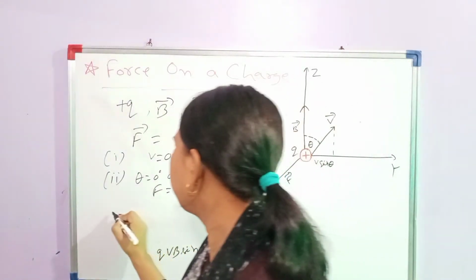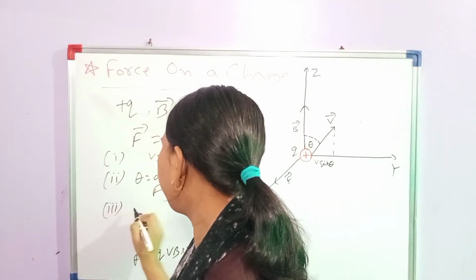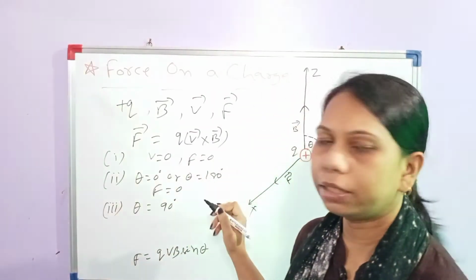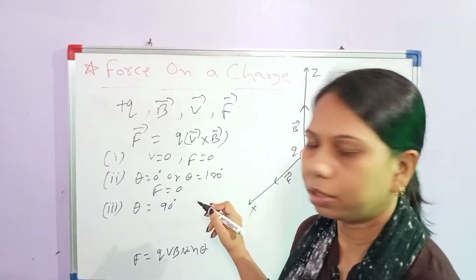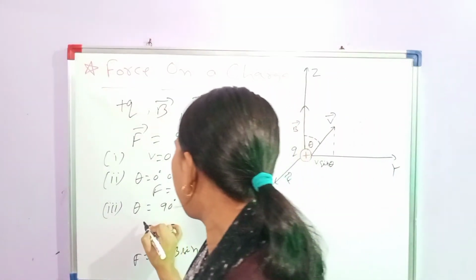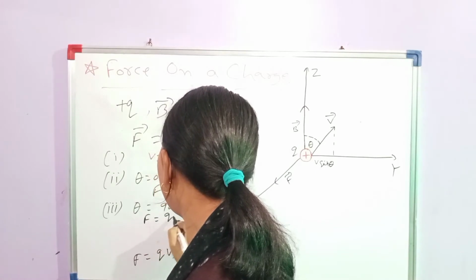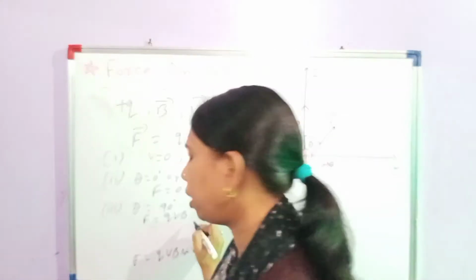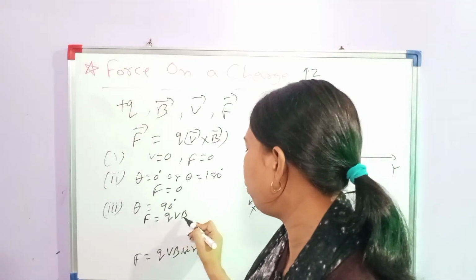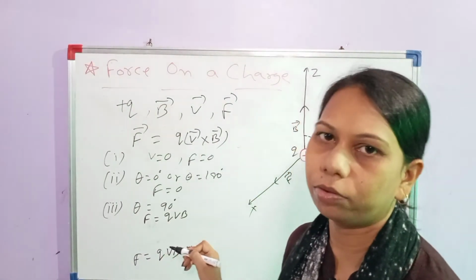Next case, if theta equals 90 degree, that is the charge is moving in a direction perpendicular to the direction of magnetic field, then F equals Q V B sin 90. Sin 90 equals 1, so F equals Q V B, which is the maximum value of the force.